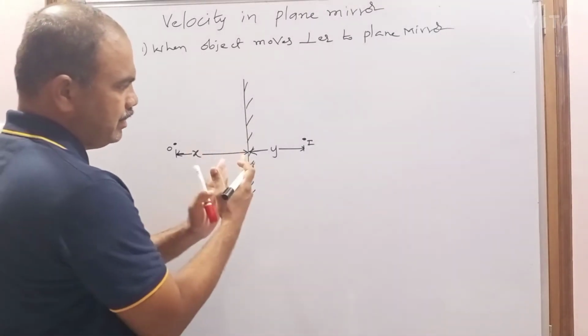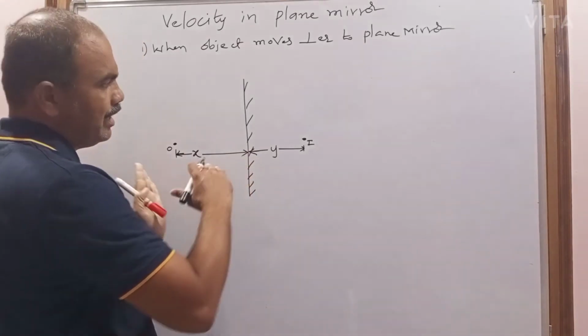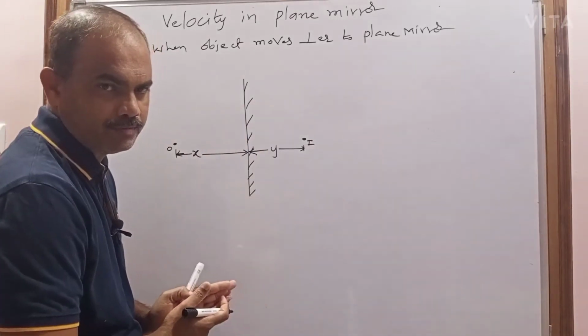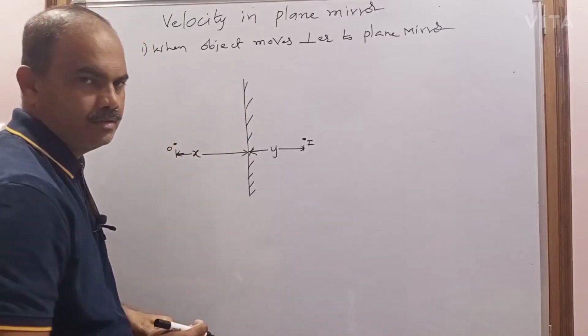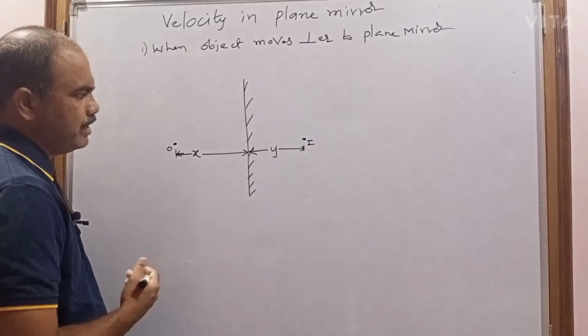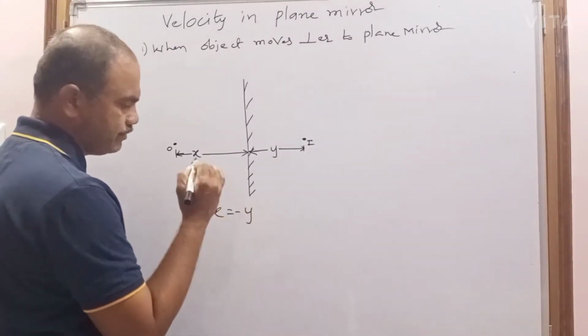So the distance on the left side will be negative and the right side will be positive, because we are taking the mirror as the origin. So when we follow the sign convention, we can write x equals minus y.